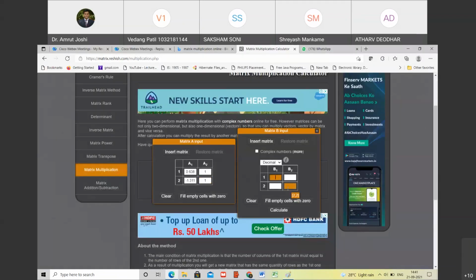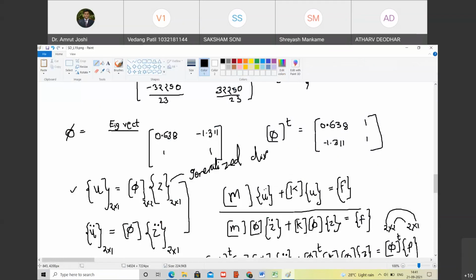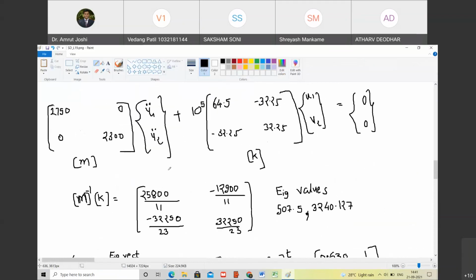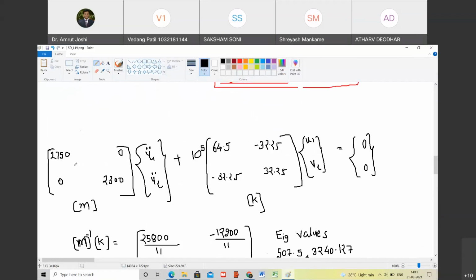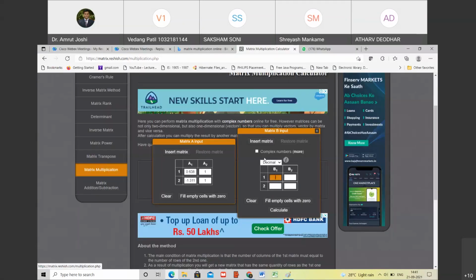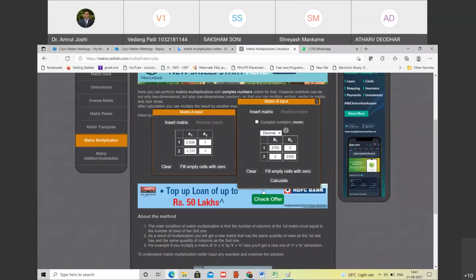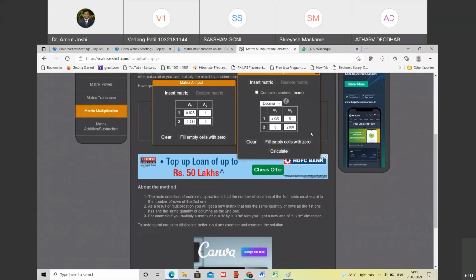Then the second matrix is M matrix. M matrix is this one: 27500, 27500, 500, and 0, 300. Right? Yes, sir. This is done.